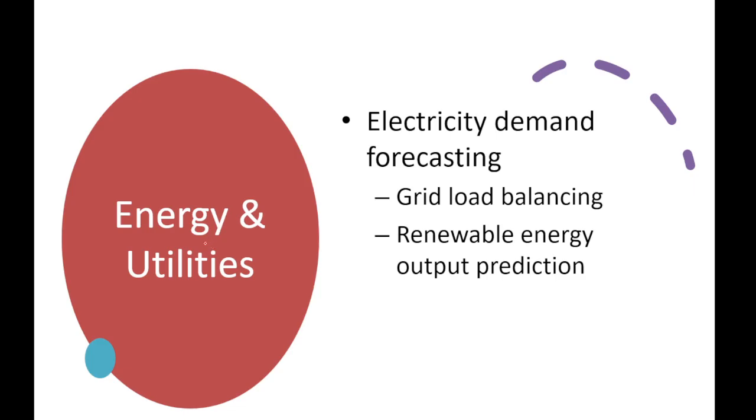If the summer is coming in Asia, people will be using the air conditioning, so there will be a need for more electricity, and that's something you should be able to predict well in advance. In Europe or in the US, winter is when people use more energy, and you should be able to forecast the demand for energy using time series analysis.